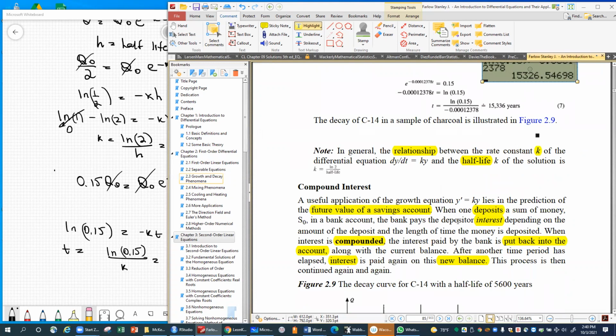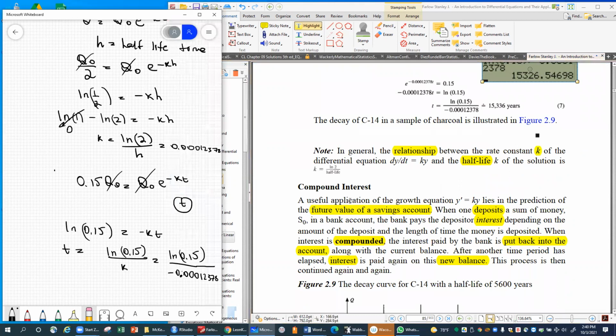Okay, so that was radioactive decay, which is an example of decay in exponential behavior. And here's a great example of increasing exponential behavior, compound interest, okay? So that's the growth of future value in a savings account.